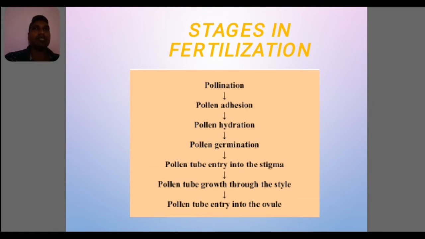They will attach on the stigma, but among them, only very specific pollen grains have the capacity to enter the ovule. Not all the pollen grains can enter the ovule. So that is very specific.